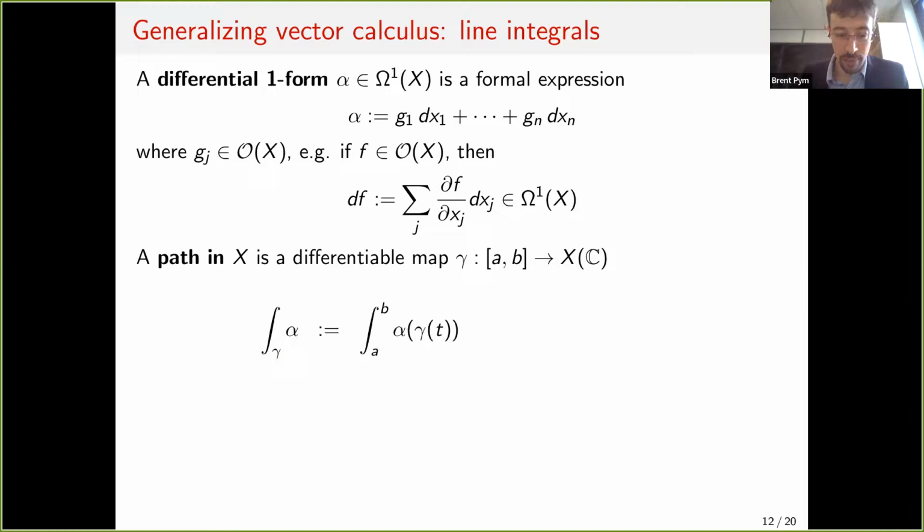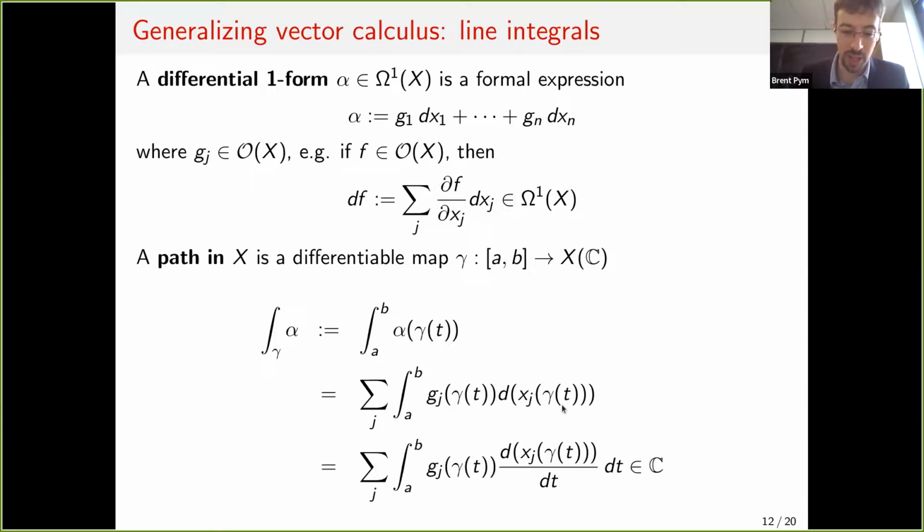And now I can define a kind of line integral of alpha over gamma, where I just formally plug in gamma. x of t is equal to gamma. So I evaluate g_j at gamma of t, and I evaluate dx_j at gamma of t. And what this really means is I have an expression where I have g_j of gamma of t. That's a function of t now.